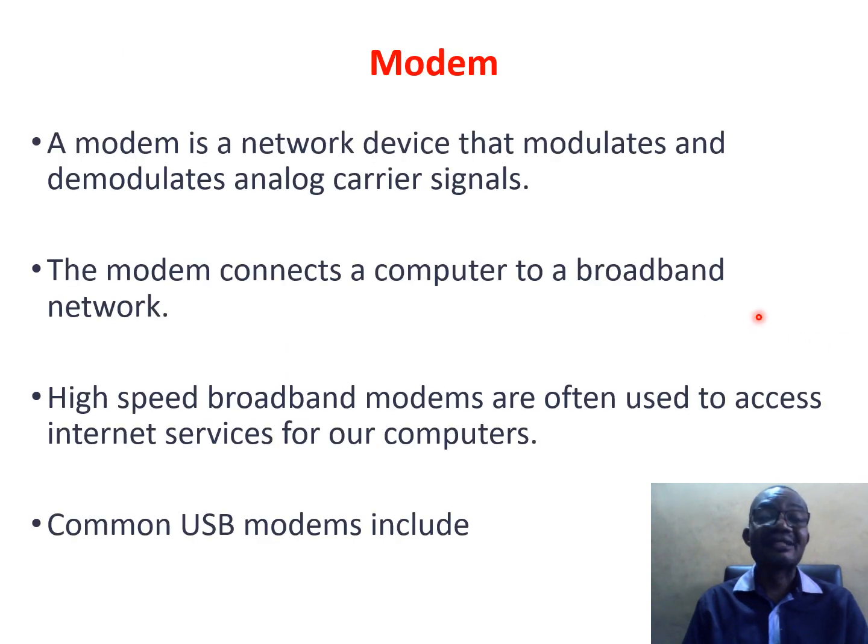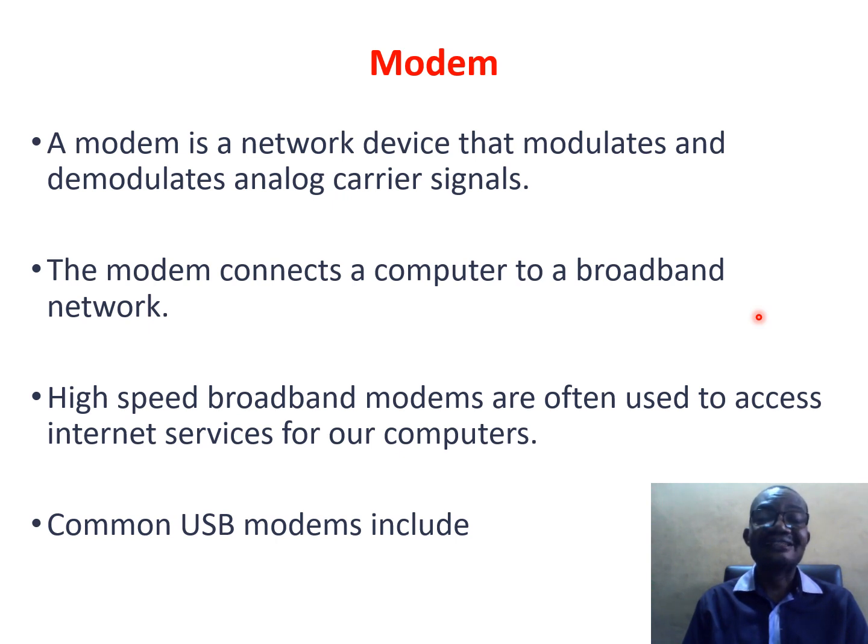Then the next is a modem. A modem is a network device that modulates and demodulates analog carrier signals. What a modem does is that it modulates a signal and also demodulates it.